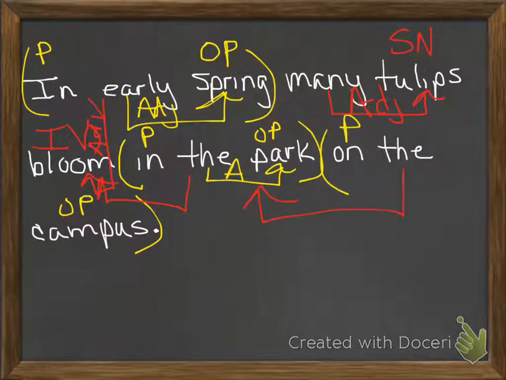And actually, we are ready then to go. Remember that an adverb phrase can also modify another adverb or adverb phrase. So in this case, on the campus is going to be modifying this prepositional phrase, and we need to show that on the diagram. Okay?